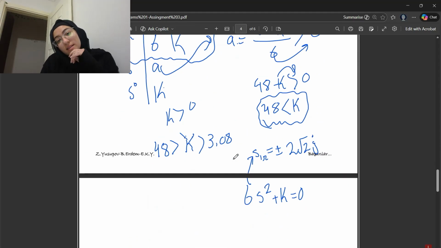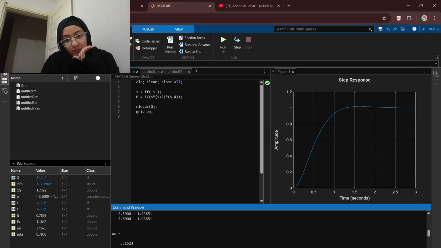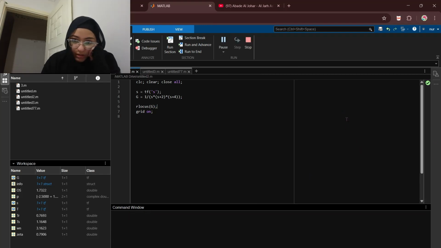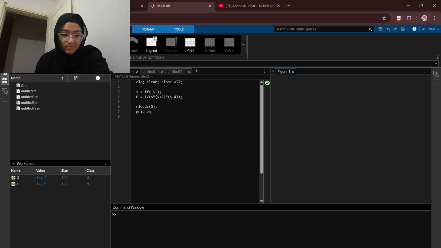Now we put the simulation. Bismillah. Here's the root locus. It's loading. Still loading.